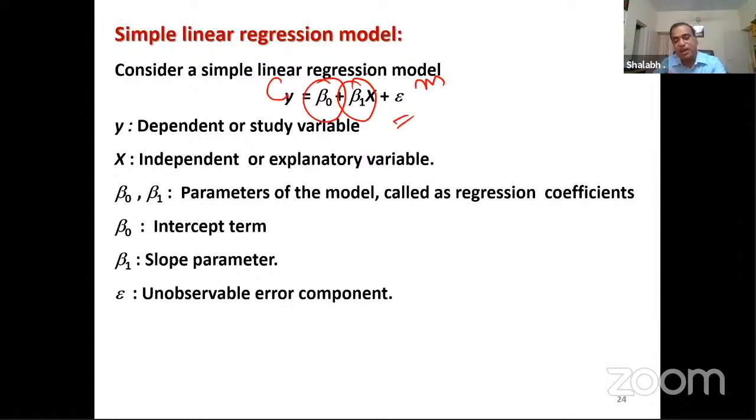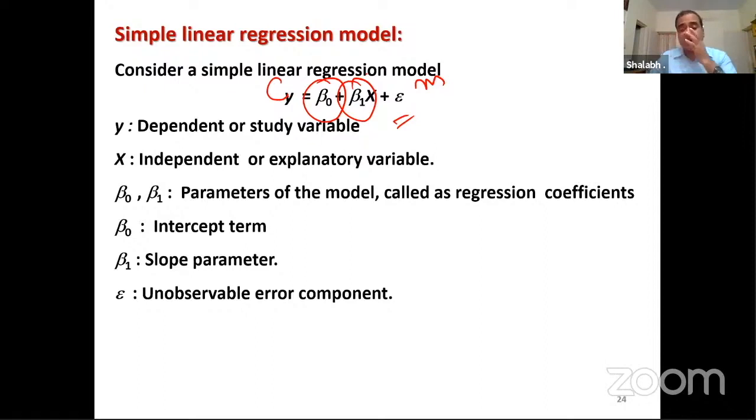Beta 0 and beta 1 are called regression coefficients in general. In particular, beta 0 is the intercept term, and beta 1 is the slope parameter. And epsilon here is the random error component.